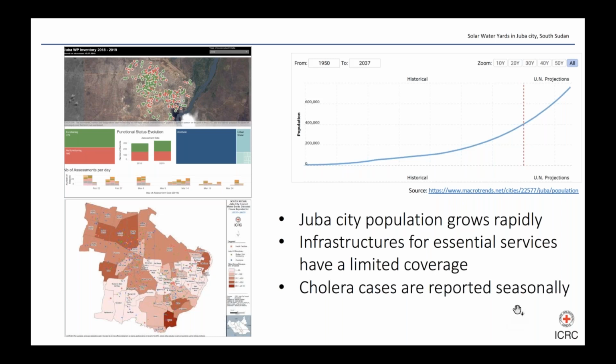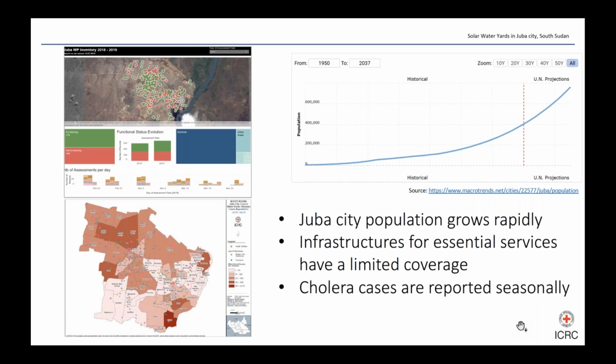This meant that the communities with the highest number of cases would be the most vulnerable and therefore needed more assistance. We also identified the number of water facilities in all these communities in Juba and their status. Are they functioning or are they not functioning? And this is being developed into an online map.